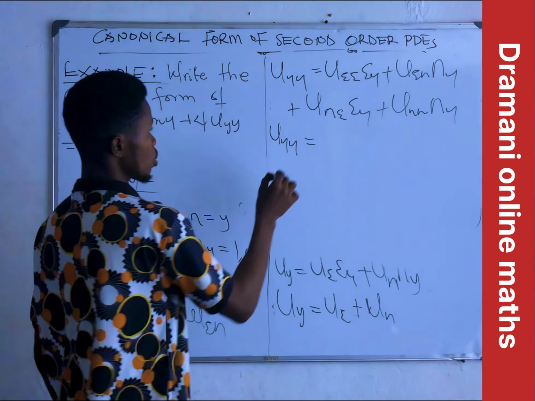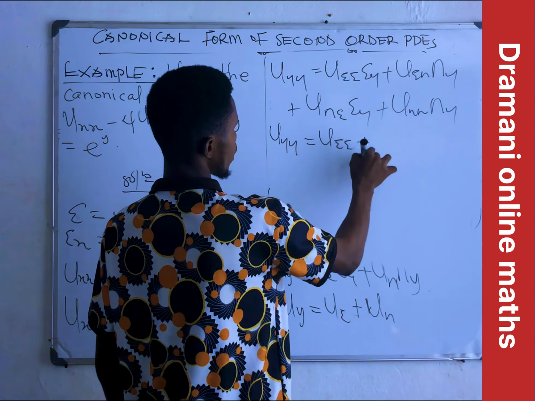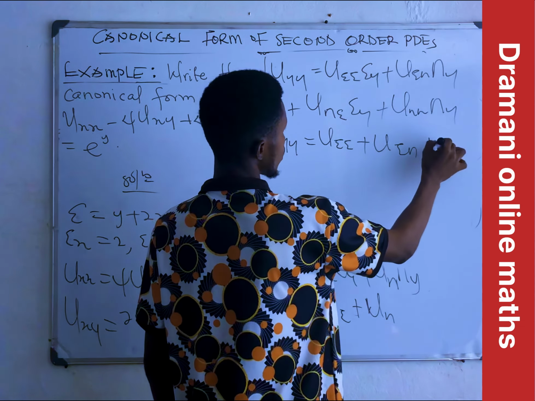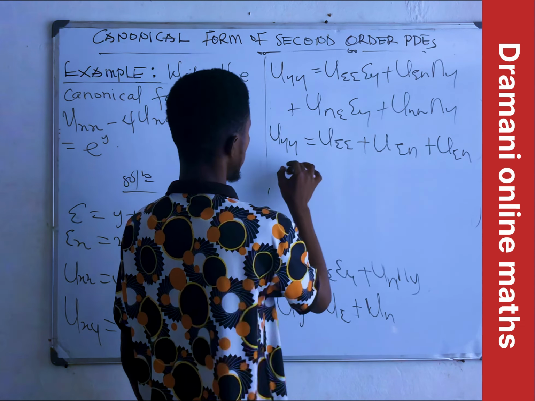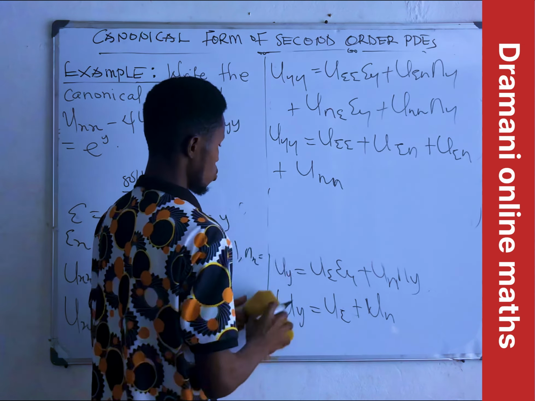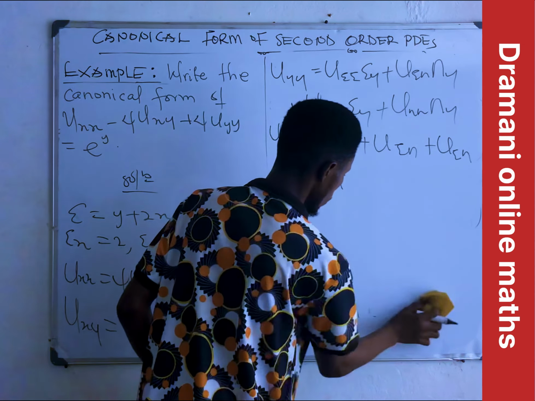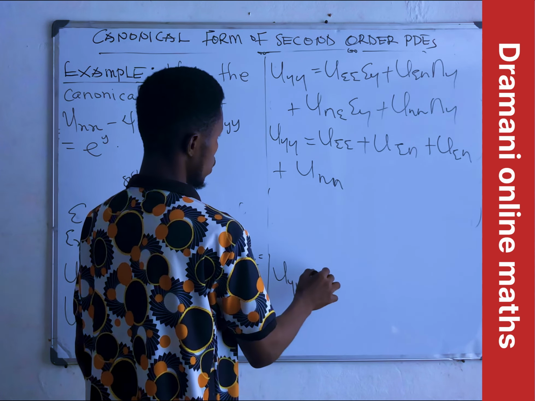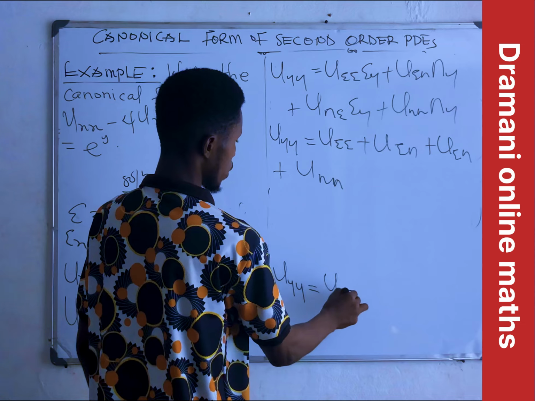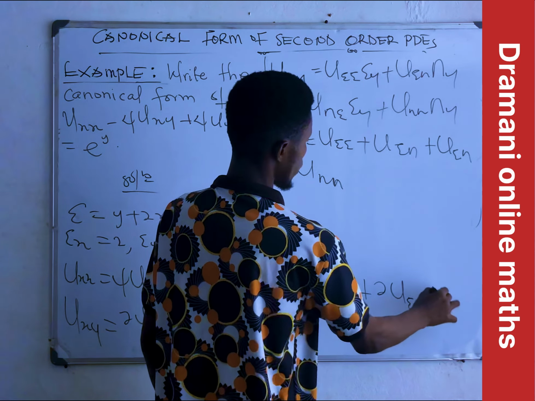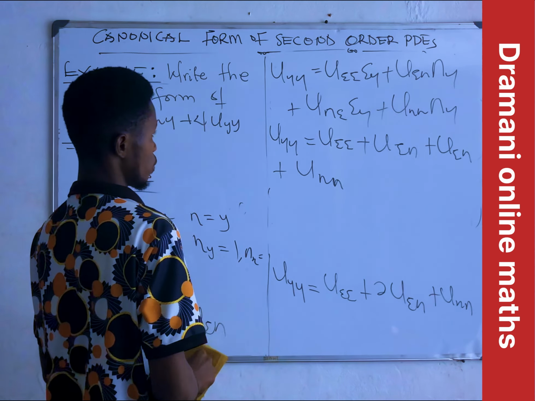Xi y is 1. So this will give me u xi. Eta y is also 1. So this will give me u xi eta. Xi y is 1. So this will also give me u xi eta. You can interchange this. Plus u eta. Because this one is also 1. So at the end, this is what I'm going to achieve. Uyy is going to be this. U xi plus this and that are the same. So that will be 2 u xi eta plus u eta. So this is what I'm going to achieve at the end.